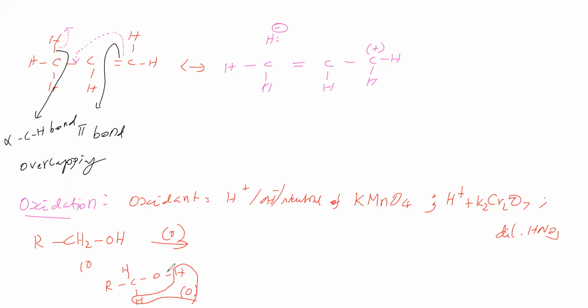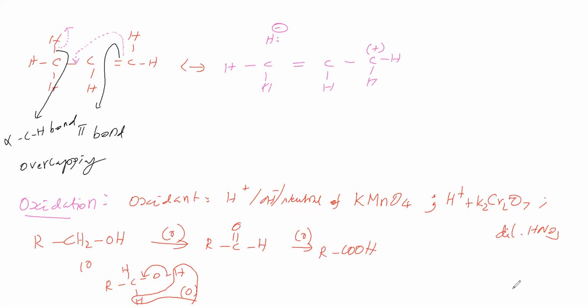Now this bond is shifting here, so we are getting an aldehyde. This aldehyde on further oxidation gives carboxylic acid. Therefore, primary alcohol on oxidation with the oxidizing agent gives first an aldehyde, then a carboxylic acid.